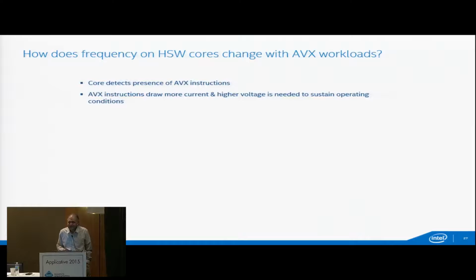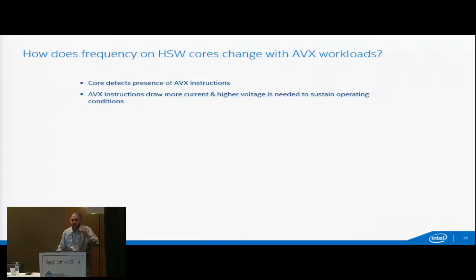Is there a concern about using AVX in terms of the power that it is drawing, and that you may lose performance? I've heard this from some people that they are concerned about it, but you don't have to be. Even though AVX registers are 256 bits, they draw more power than typical SSE registers.